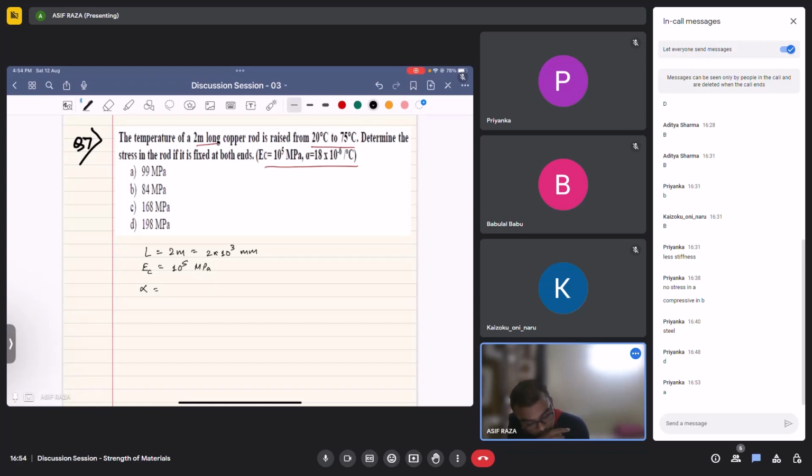Alpha is 18 into 10 to the power minus 6 per degree Celsius, T1 is 20 degrees Celsius and T2 is 75 degrees Celsius.